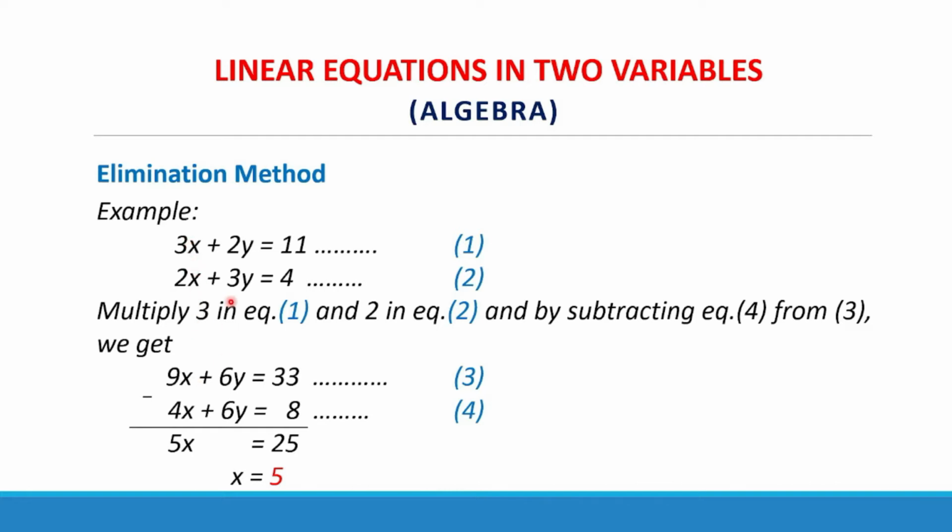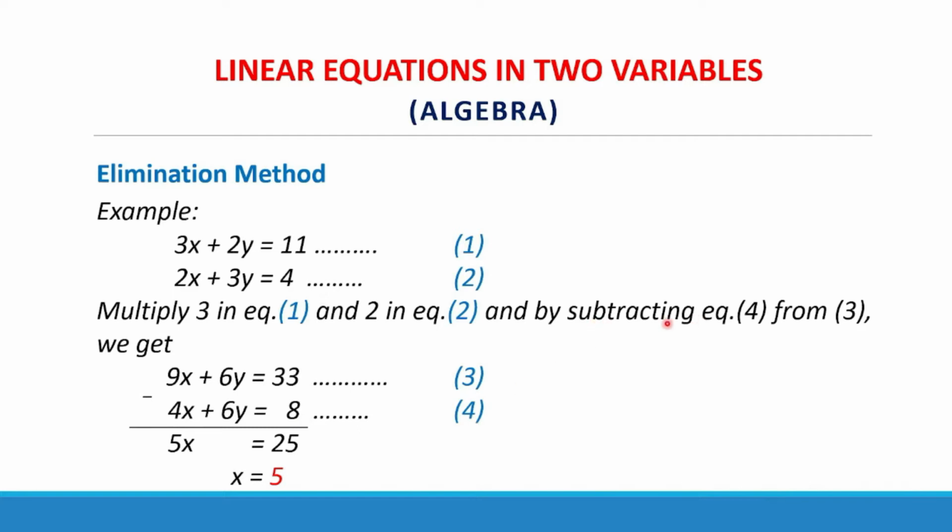So we multiply 3 in equation 1: 3 times 3x is 9x, 3 times 2y is 6y, 3 times 11 is 33. That's equation 3. And we multiply 2 in equation 2: 2 times 2x is 4x, 2 times 3y is positive 6y, and 2 times 4 is positive 8. Equation 4.